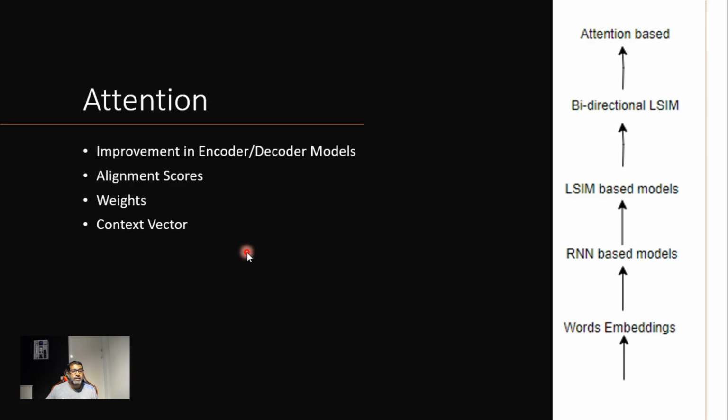The attention mechanism in NLP allows models to focus on specific parts of an input while generating each element of the output sequence. There are multiple options. You see here, there are word embeddings, you have the RNN-based models, you have the LSTM-based models.